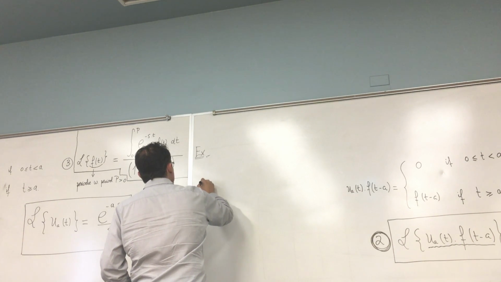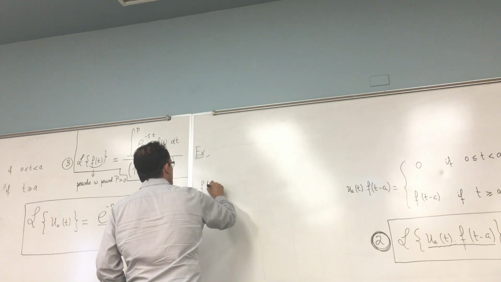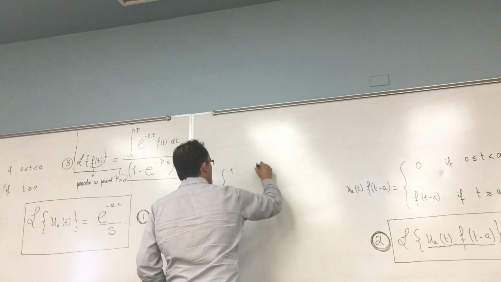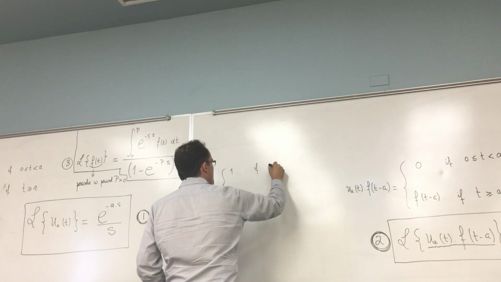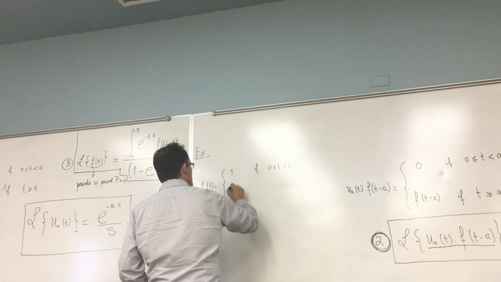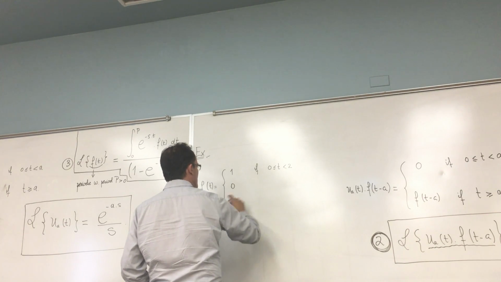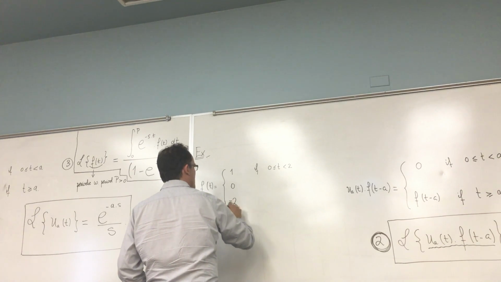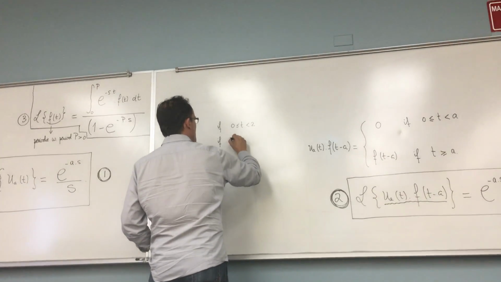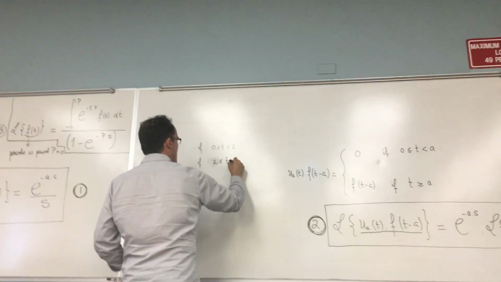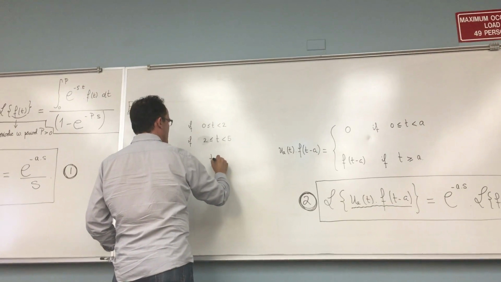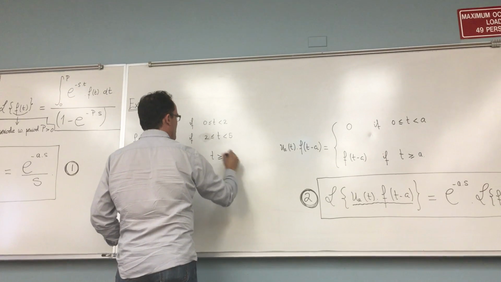Suppose that they give you a function little f of t, which is 1 if t is between 0 and 2, goes back to 0, and then takes another value for other t.